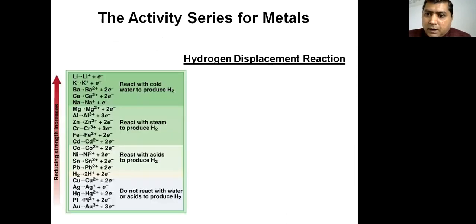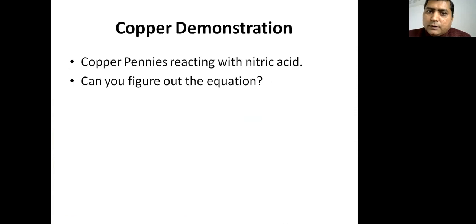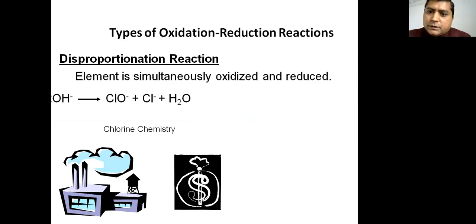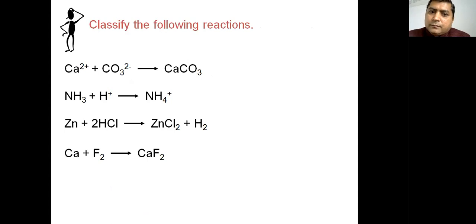Calcium hydroxide is formed, and copper displacement is also in this category. Disproportionation reactions also come under oxidation reduction, like chlorine reacting with hydroxyl groups to form ClO minus, where oxidation and reduction both take place.